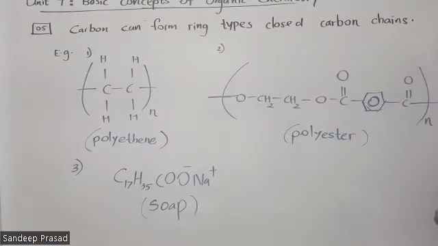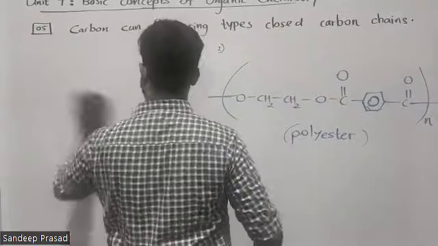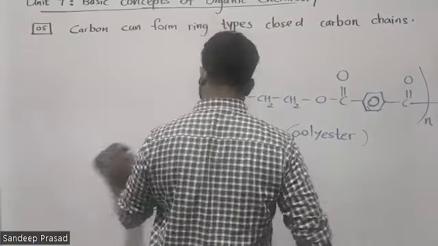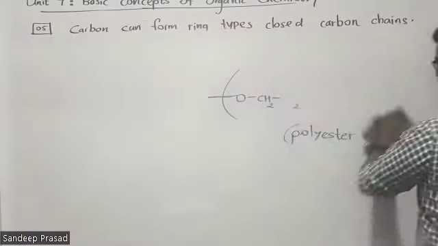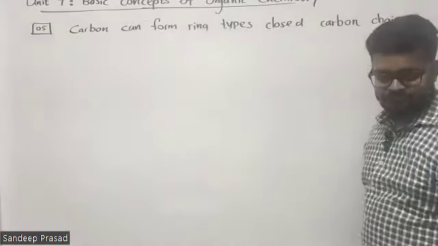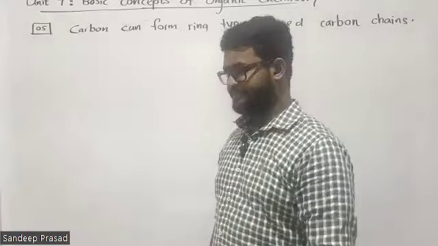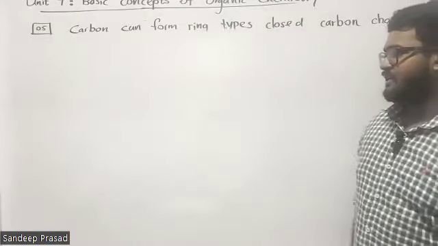Let me draw. This is the first time you are going to discuss benzene. Have you heard about benzene? You can go to the school laboratory and ask your chemistry teacher to show you some benzene.